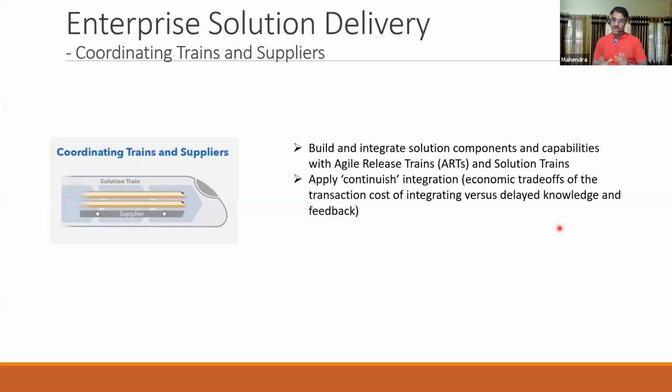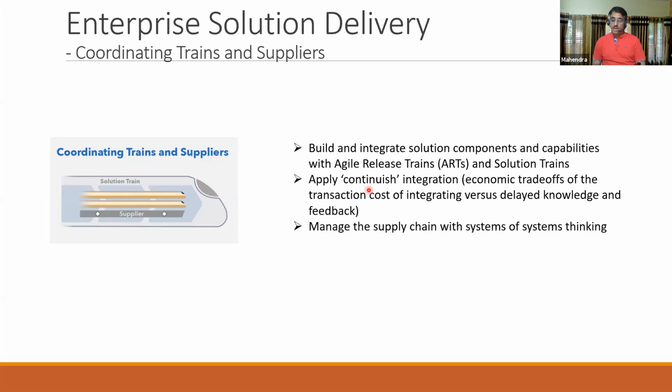That's why it says apply continuous integration. So you have to take a cautious call and do a trade-off between the cost of integration and the hit that we can take in delayed feedback and the knowledge that we can generate from our solution.